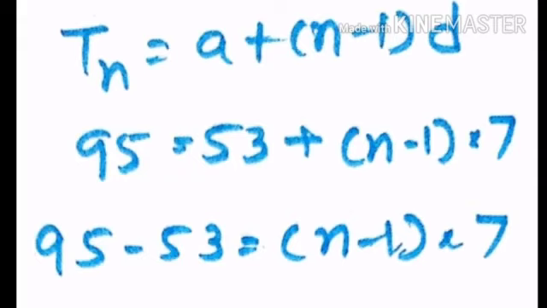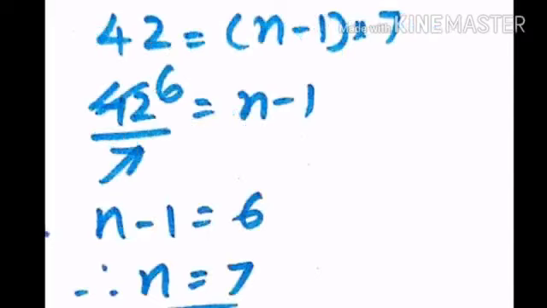So 95 minus 53 is equal to n minus 1 into 7. By subtraction the value is 42, and dividing 42 by 7 we get 6, and therefore n minus 1 is equal to 6 and n is equal to 7. This means there are a total of 7 terms in this AP.